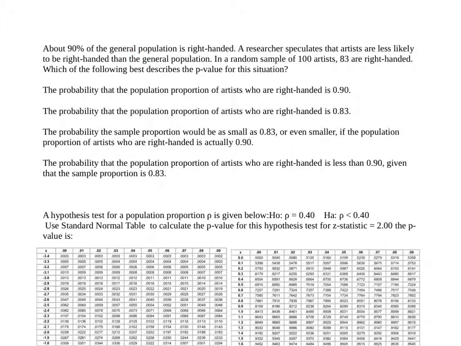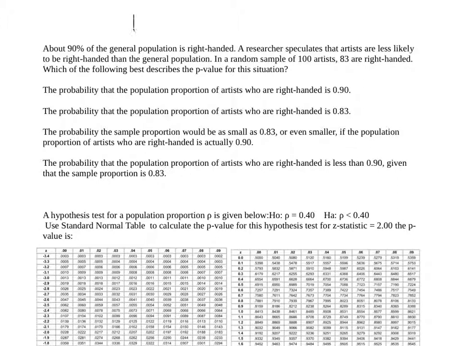If the artists are not different from the general population, that means there's no artist effect on handedness. If that's true, then you'd expect the population of artists to have 90% right-handers and 10% left-handers. So that means the null hypothesis is that p equals 90%.